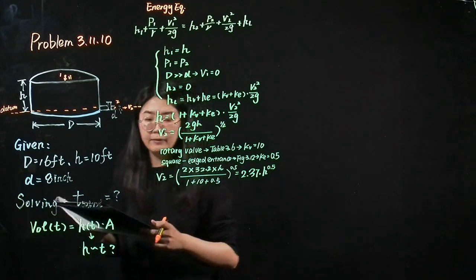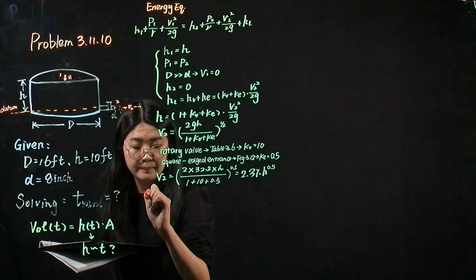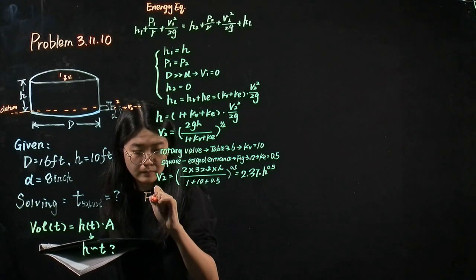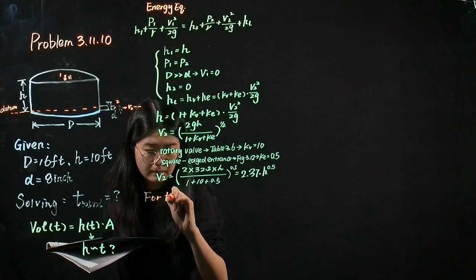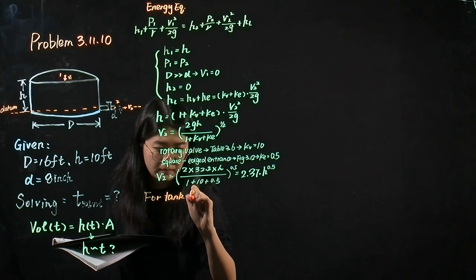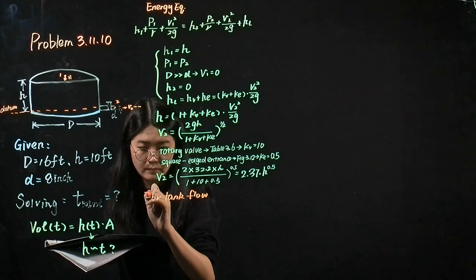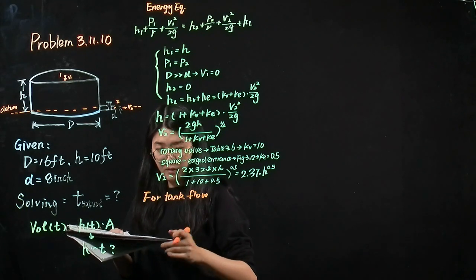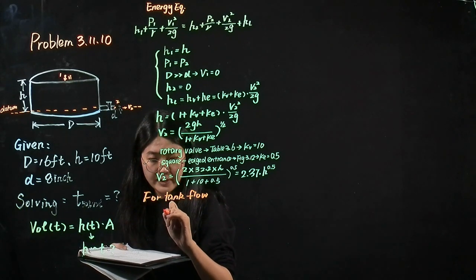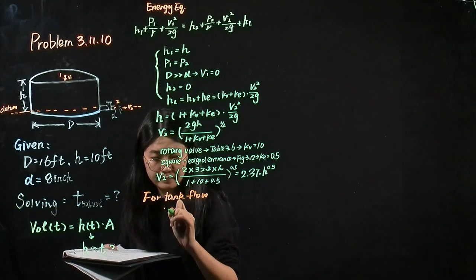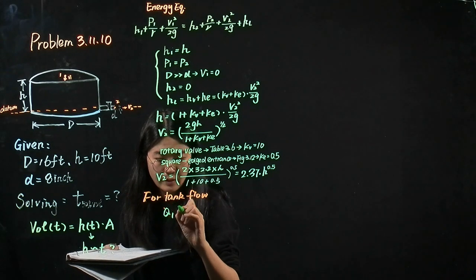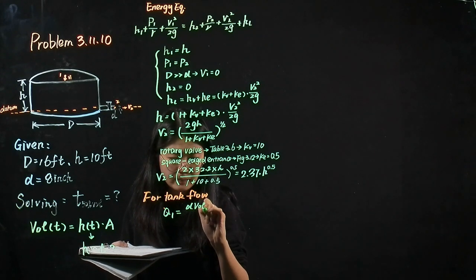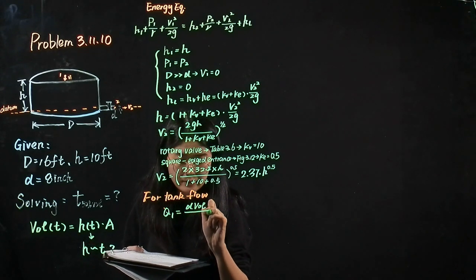Okay, let's look at the tank flow. Its flow rate Q1 is equal to the derivative of its volume with respect to t.